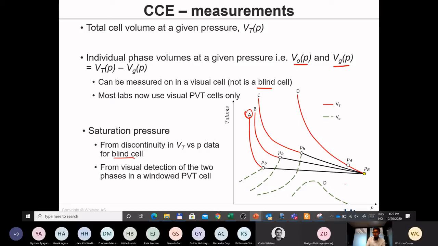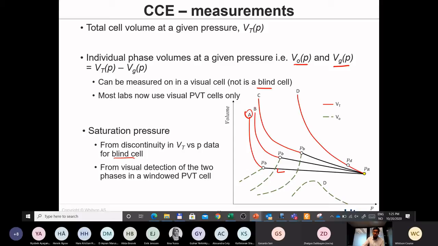So you see a very small compressibility of the single phase oil. And then there is a very drastic change in the compressibility after the bubble point, because now the gas is coming out, and the total compressibility of the system has dramatically changed, and the volume is exponentially increasing. So that's one fluid.